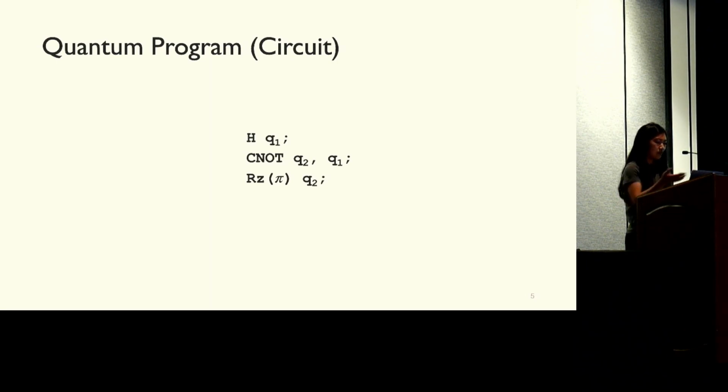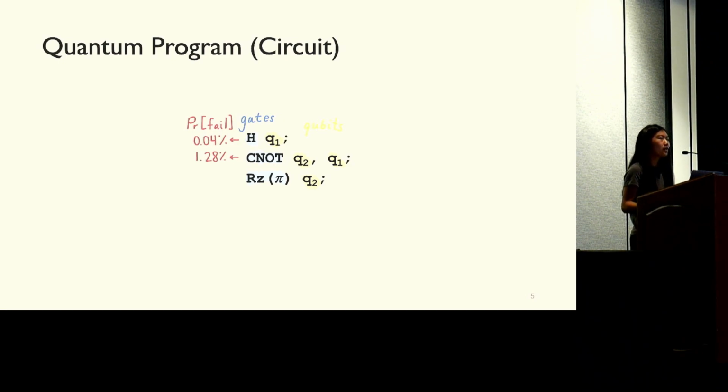This is a program, otherwise known as a circuit, and it's very simple. It's just a sequence of gates applied to quantum bits, otherwise known as qubits. The problem is that each of these gates introduces some noise to your circuit, and if your circuit is big enough and you have enough gates, then these errors will accumulate to the point where your computation will be completely lost and indistinguishable from random noise.